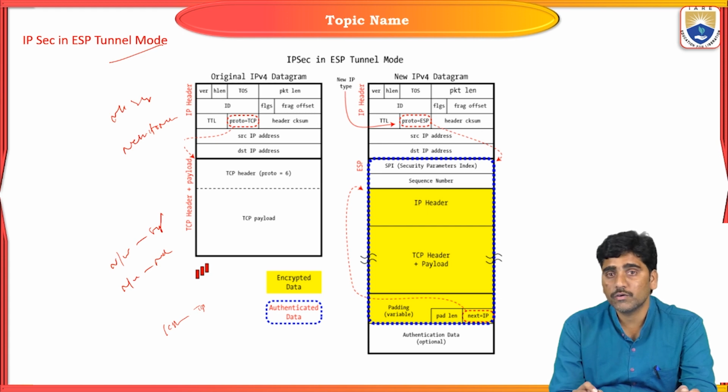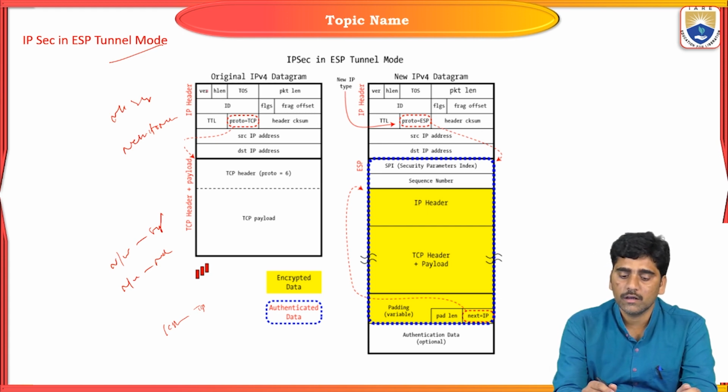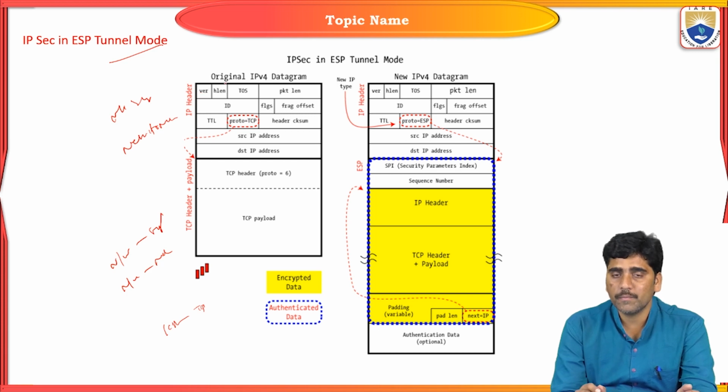Here the original IPv4 datagram contains the version, header length, type of service, packet length, ID, flag offset, time to live, header checksum, source IP address, and destination IP address. These are all the fields contained in the IP header.